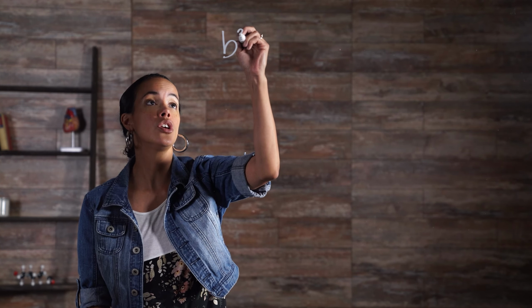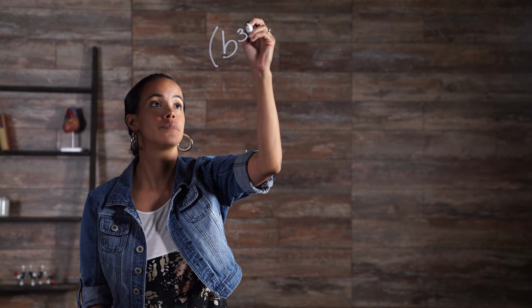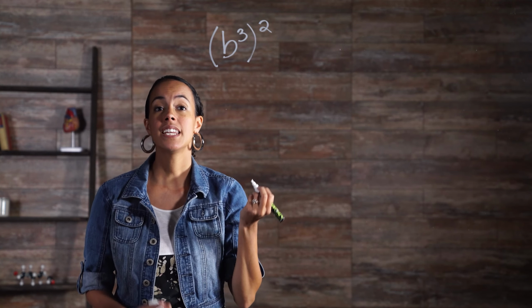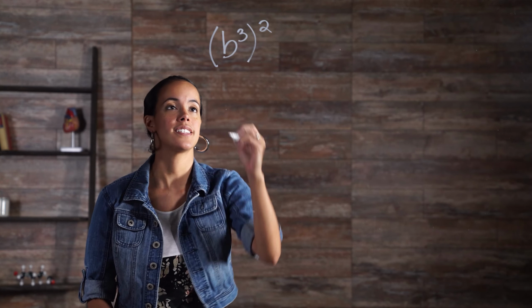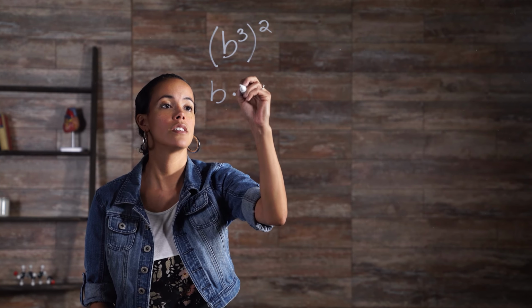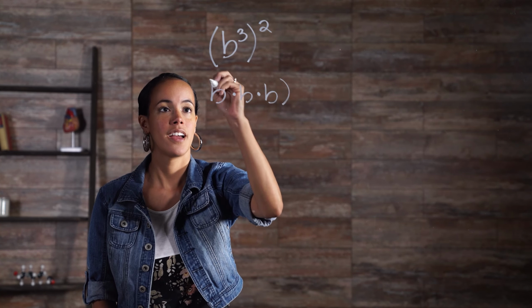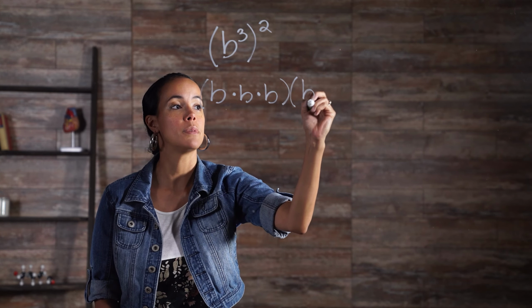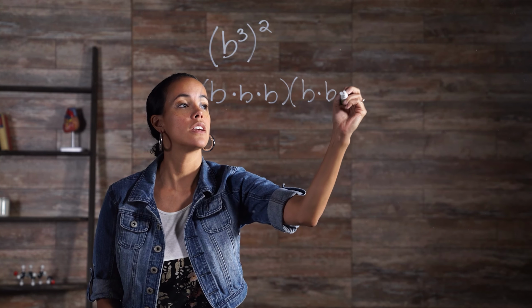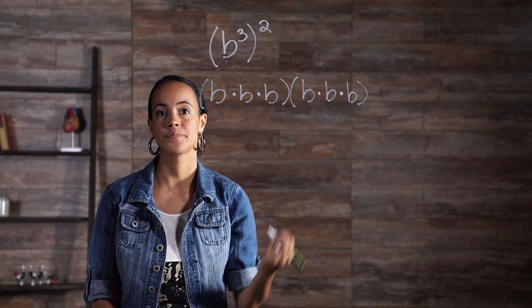The power of a power property allows us to raise a power to another exponent. Once again, expanding an expression makes understanding the rule a bit easier. Suppose the power b cubed is squared. In expanded form, it would look like this: b times b times b times b times b times b.